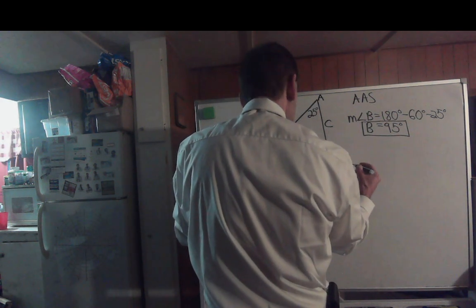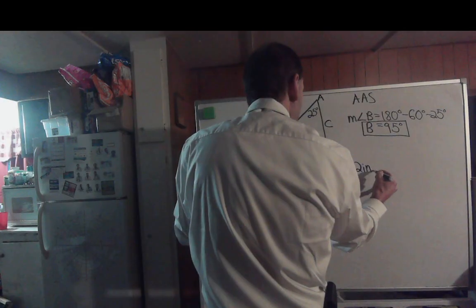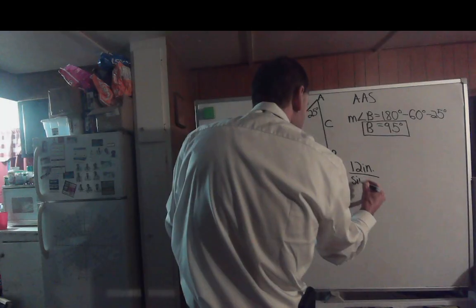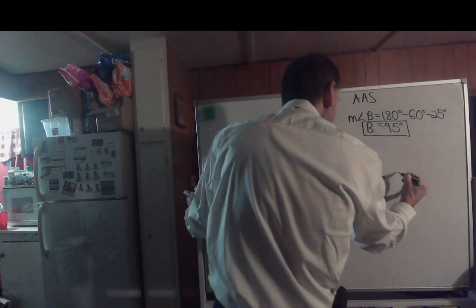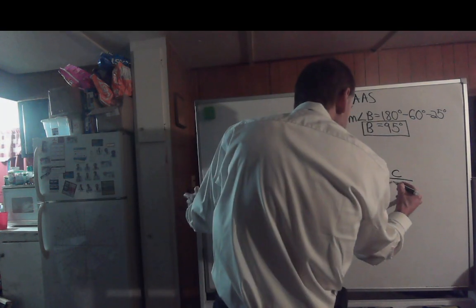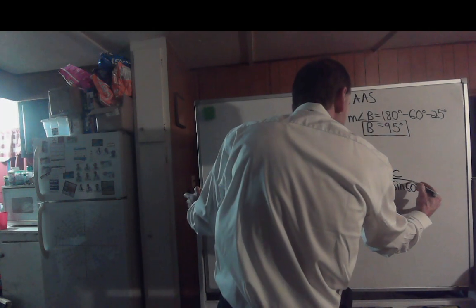So to find side C, let's take length of A, which is 12 inches, over that sine of angle A. Well, that's going to be the sine of 25 degrees. Set that equal to your side C, which you don't know yet, but angle C is 60 degrees, so this would be C over the sine of 60 degrees.